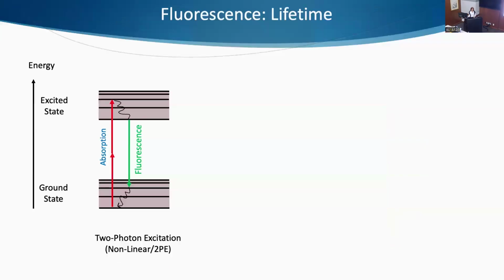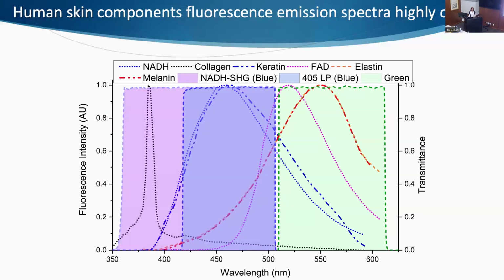Next, I think I wanted to, okay. Yes, before I'm summarizing what the fluorescence is good for, I wanted to briefly introduce and justify the need for another contrast mechanism.